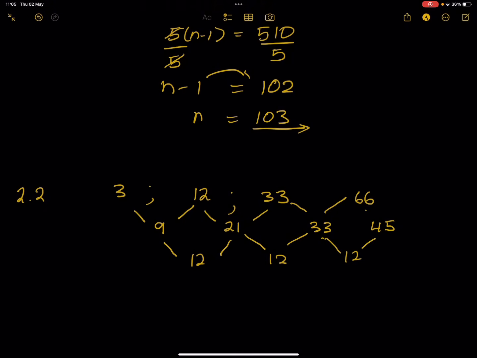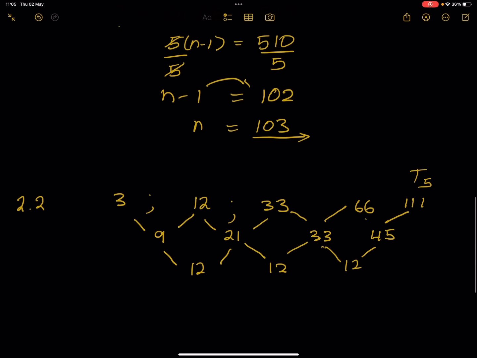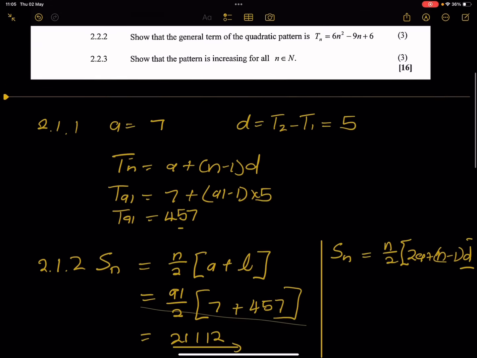If I add 66 plus 45, that should give me 111, and that is term 5. So we've shown that term 5 is 111.